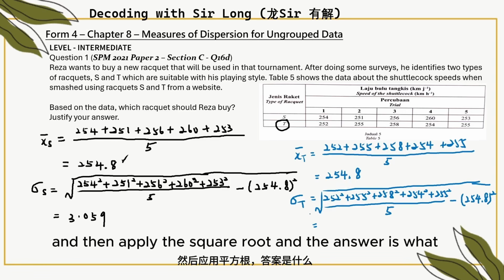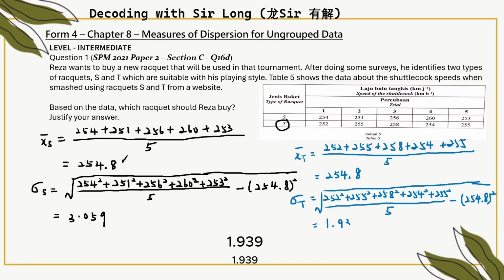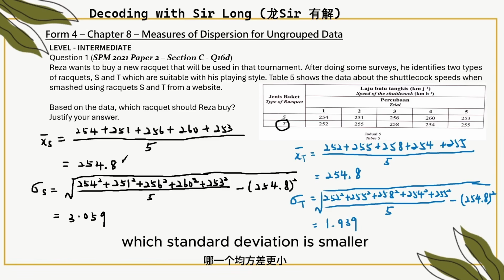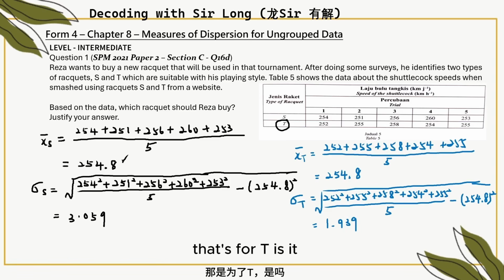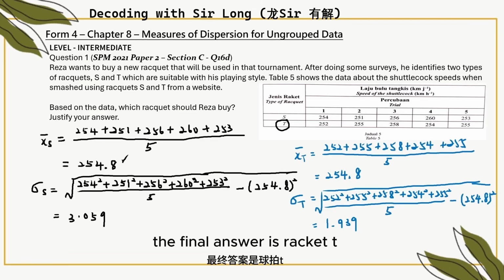And the answer is what? 1.939. So we can see which standard deviation is smaller, that's for T, isn't it? So what does the answer tell you? Actually, the final answer is racket T. T performs better. Why?